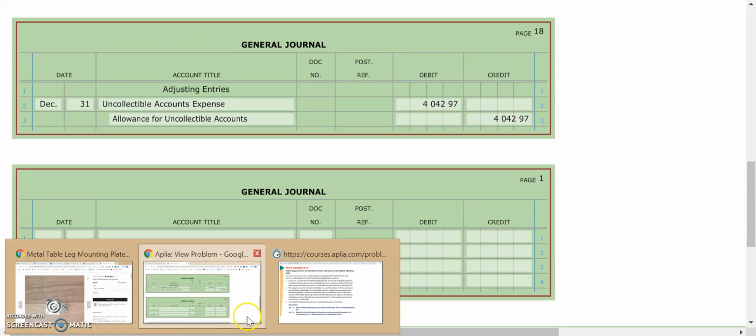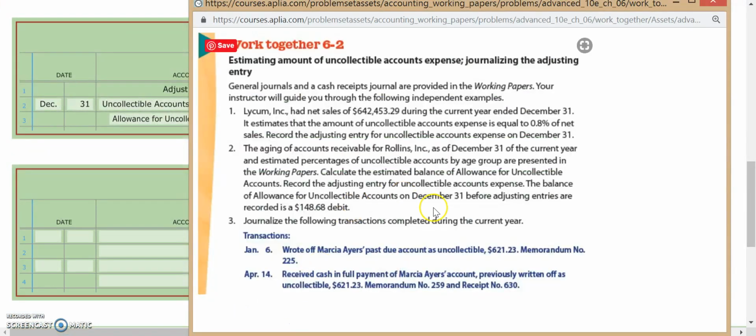And then we're just going to go back. We're going to review a little bit of what we did yesterday, which is journalizing a few transactions. It says on January 6th, we wrote off Marcia Ayers, that's a weird name, past due account as uncollectible for 621.23, memorandum number 25. So this person, Marcia, has gone past the point of 3 months or so, and we believe that to be uncollectible. We're not going to receive that money, so we're going to write her off.